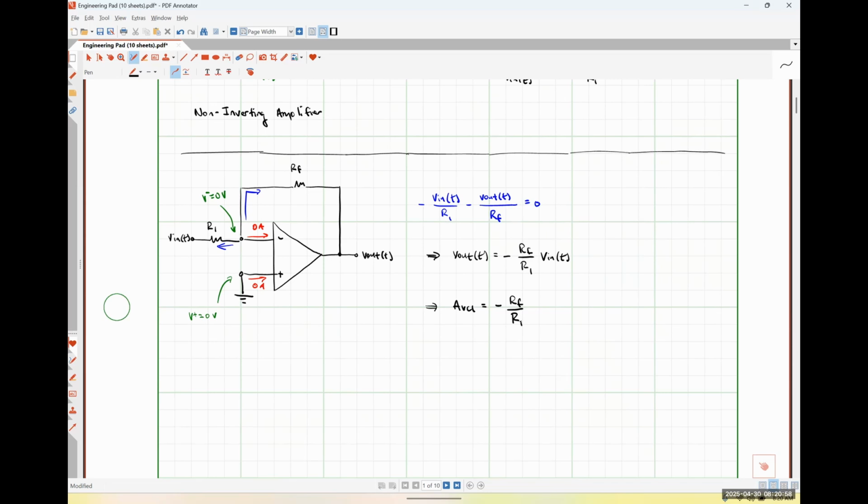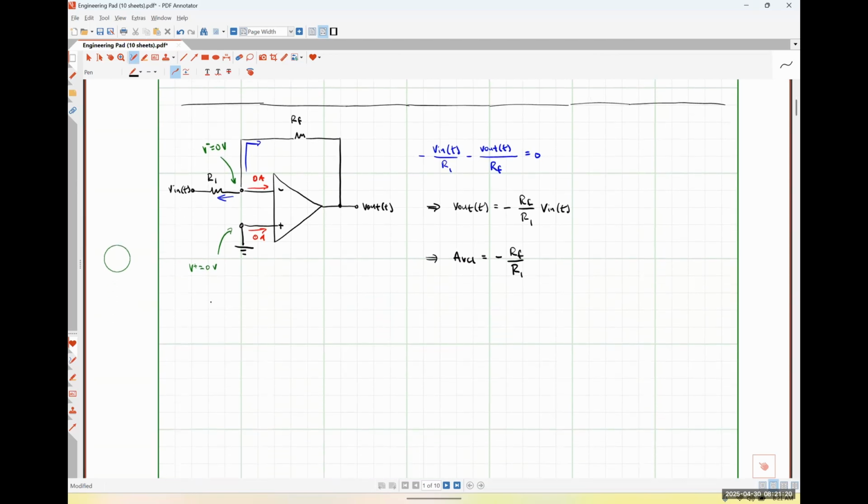And we can see that our output voltage has the negative polarity of our input voltage, meaning whenever our input voltage is a positive quantity, our output voltage is a negative quantity. And whenever our input voltage is a negative quantity, our output voltage is a positive quantity. So this is an example of an inverting amplifier.